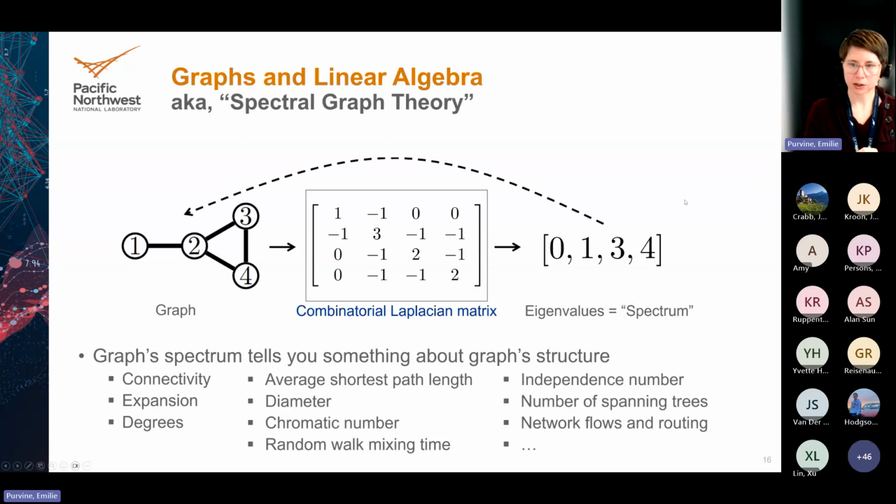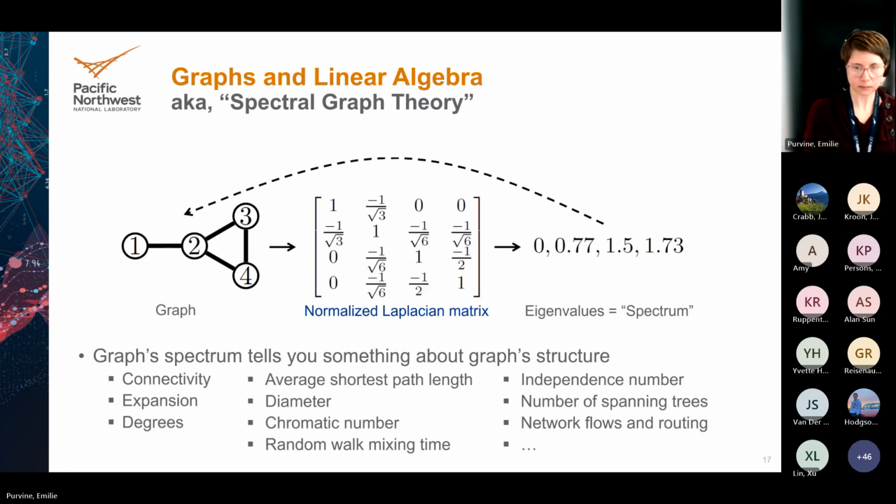The combinatorial Laplacian is always positive semidefinite, and there's always a 0 eigenvalue because the row sums are always 0, and the number of 0 eigenvalues tells you how many connected components you have in the graph. The lower eigenvalues tell you things about the connectivity structure. The higher eigenvalues tell you things about the degree structure.